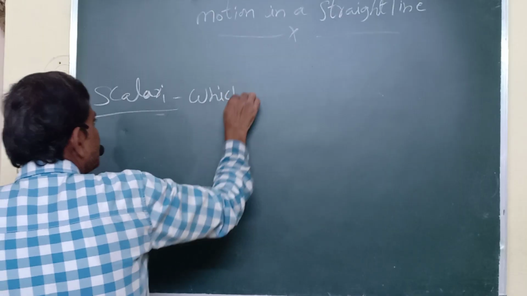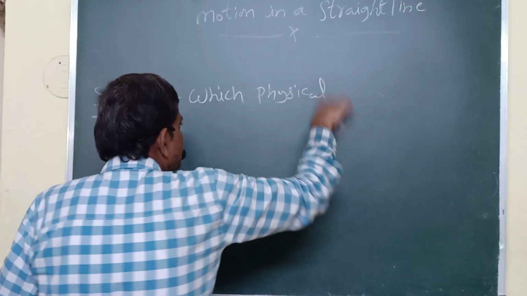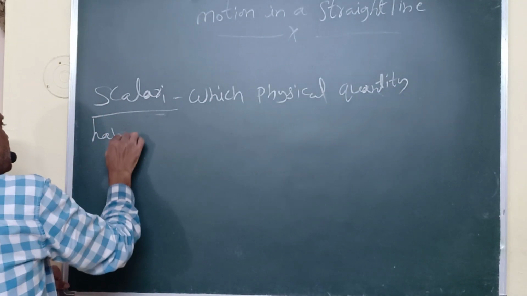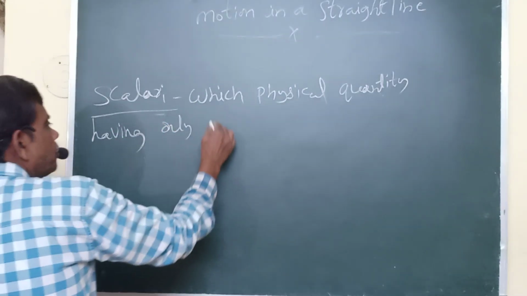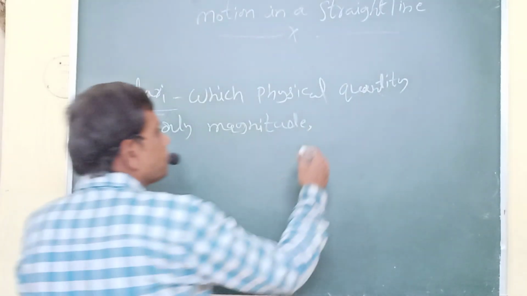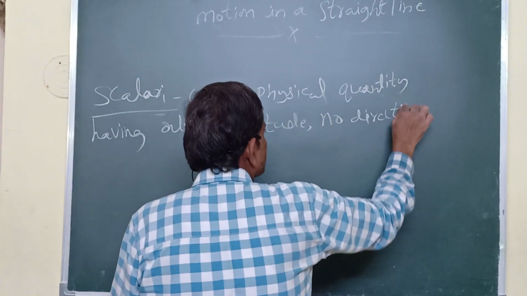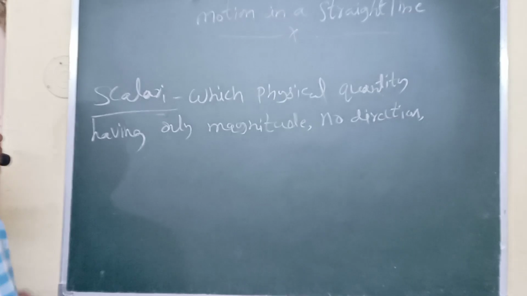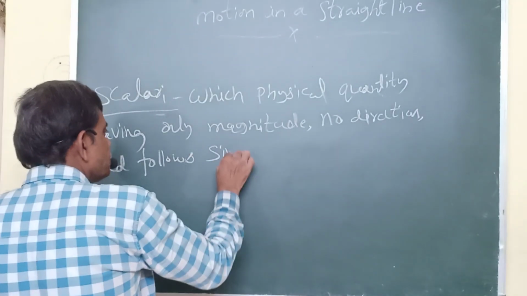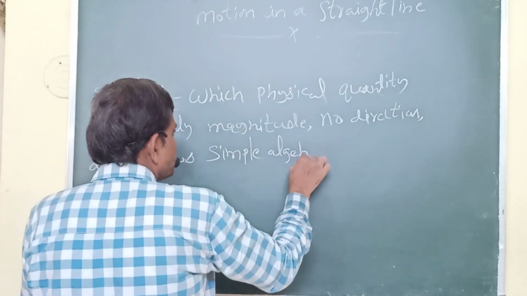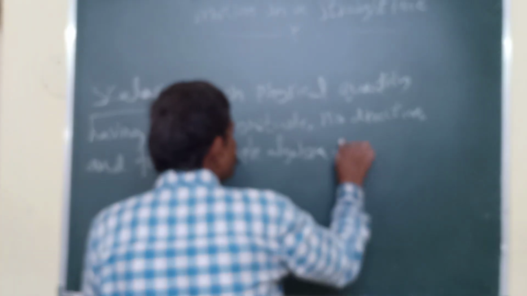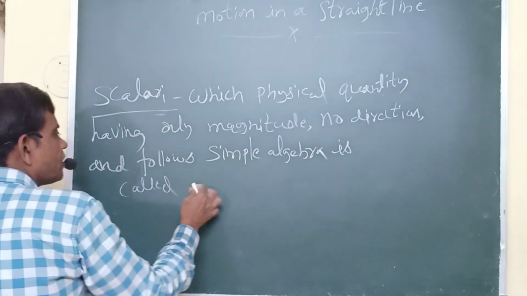Which physical quantity having only magnitude, no direction and follows simple algebra is called scalar.